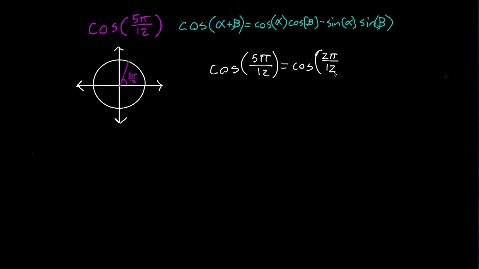And what would that leave? That would leave 3 pi over 12. If we simplify these out, this is going to be the same as the cosine of pi over 6 plus pi over 4.